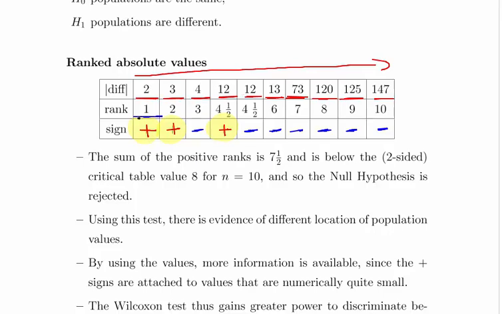Now, I'm going to go from lowest to highest in terms of ranking. So 1 here is the lowest rank, 2 is the second lowest, 3 is the next lowest, and 4 would be the next lowest, except in this case we have a tie here.